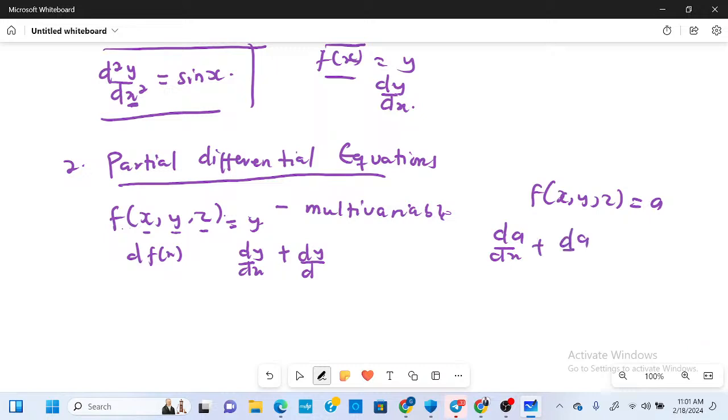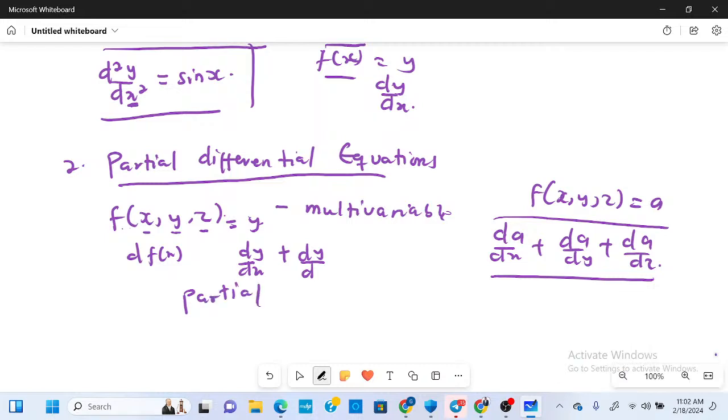This is what we call the partial derivatives of a multivariable function. So all that I'm drawing you towards is that partial differential equations deal with equations which have partial derivatives of a multivariable function. So every equation with partial derivatives of a multivariable function.